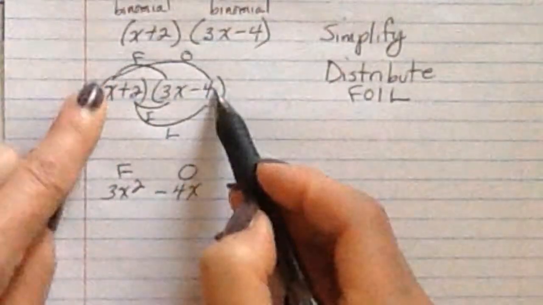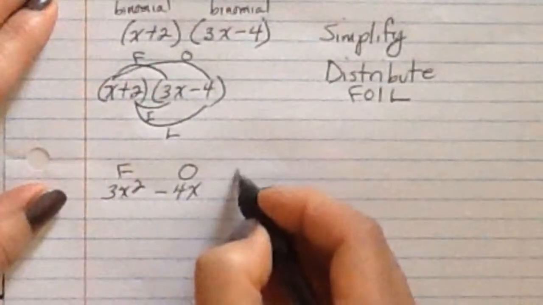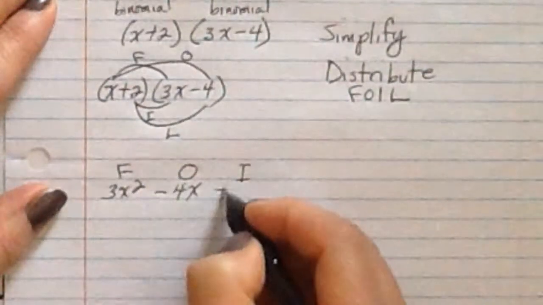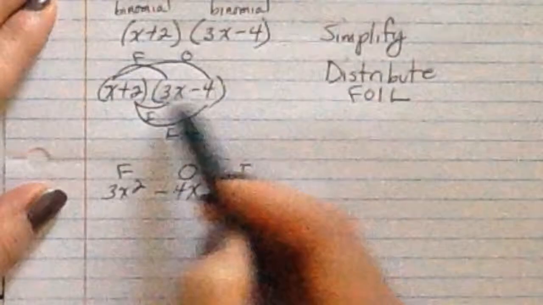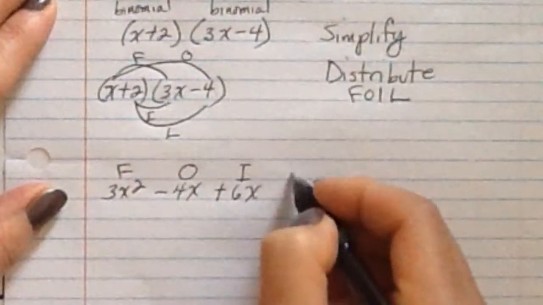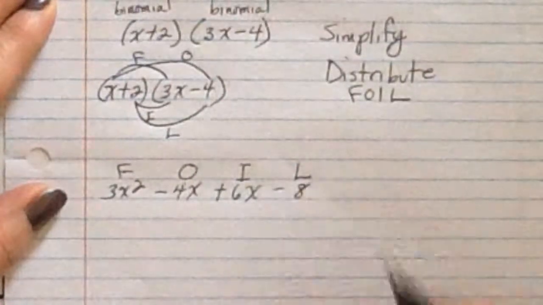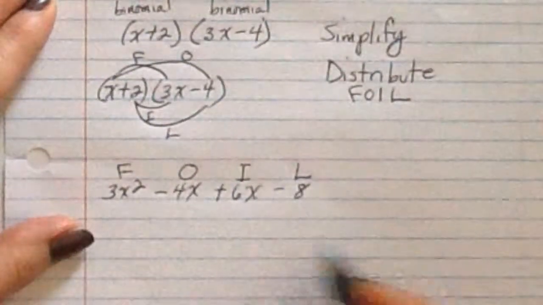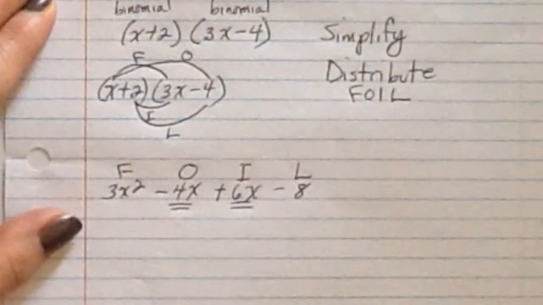If these are the outside terms, these are the inside terms, I'm going to multiply 2 times 3x, 6x, and then finally my last terms, 2 times negative 4, minus 8. Now, most times when I FOIL, my outer and my inner terms are going to be like terms.